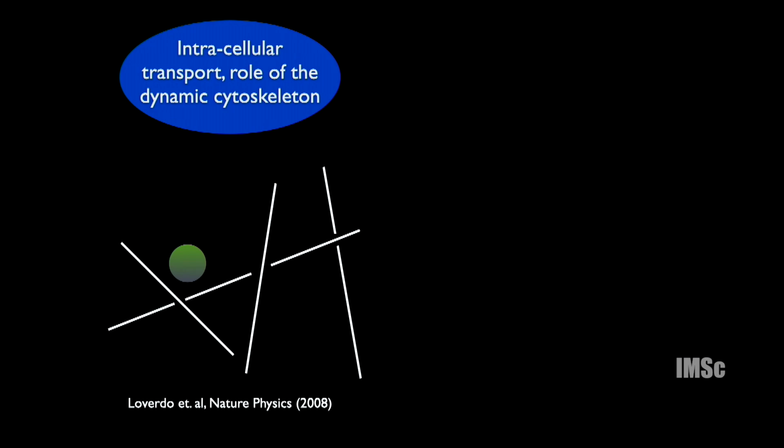It can bind to molecular motors and move in a directed fashion along these tracks, which are called microtubules. When they are moving along these microtubules, they are moving with some constant velocity. If they unbind from the microtubule, then they are in the bulk cytoplasm and they can diffuse.